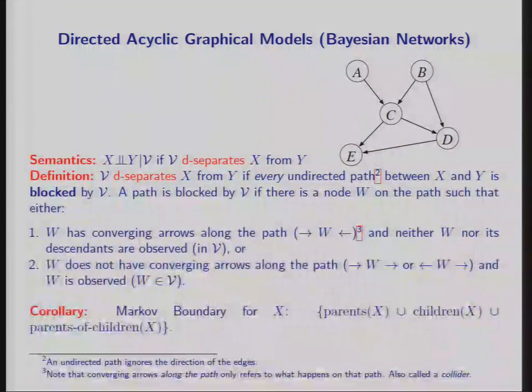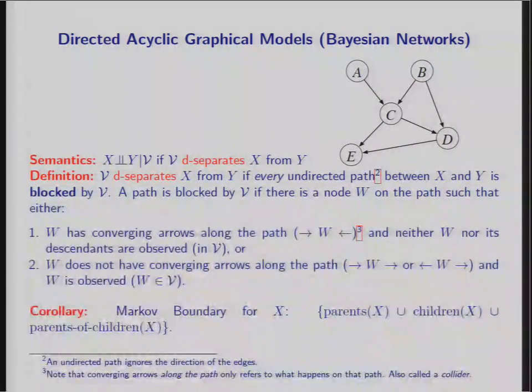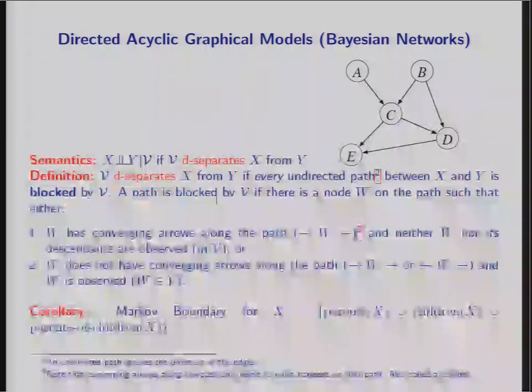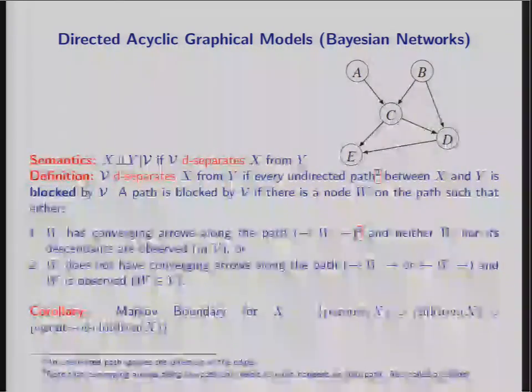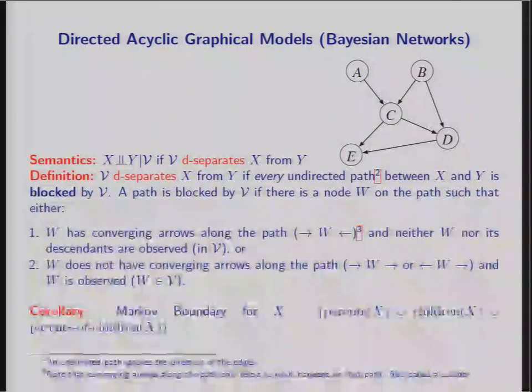Okay. And so what do we mean by that? Well, given a graph, we can now say exactly what that graph says about the probability distributions that are consistent with that graph. What it says for any particular graph is statements of the form x is conditionally independent from y given v.